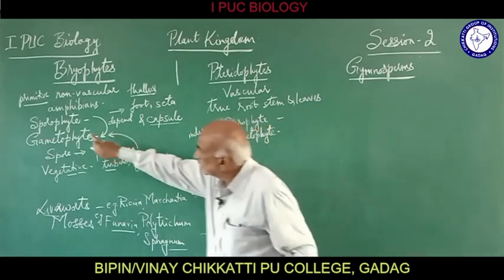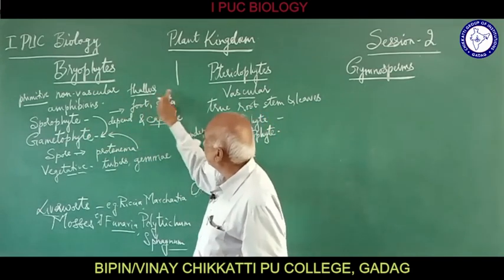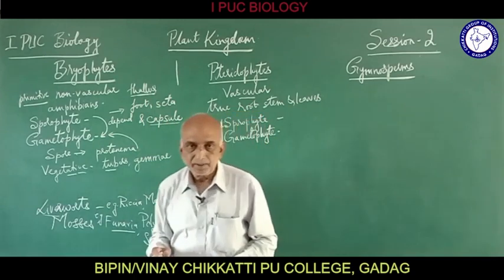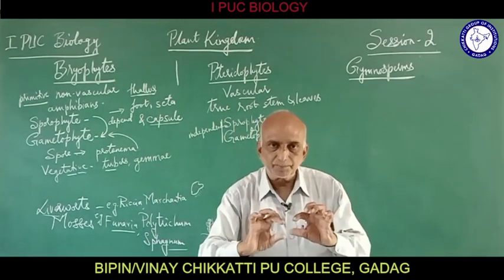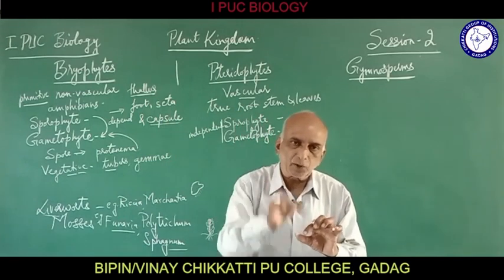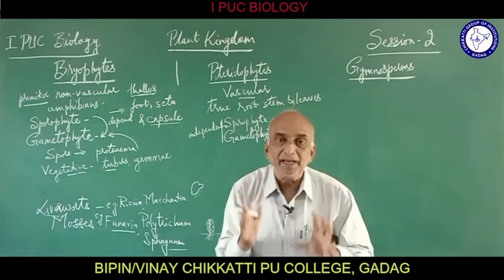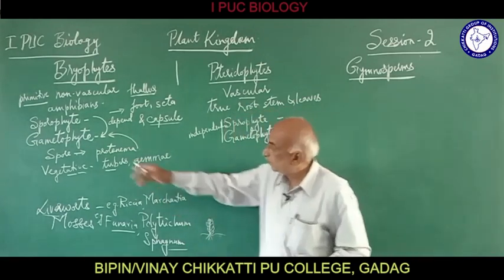In bryophytes, the spores are produced in a capsule. So the sporophyte contains three parts: foot, seta and capsule. The base of the sporophyte is the foot. The middle part, which is a stalk-like structure, is the seta. The upper part, which is a bag-like structure, is called the capsule, which contains the spores.